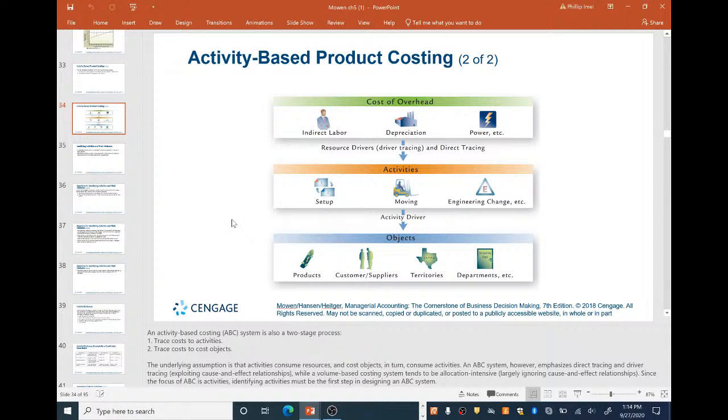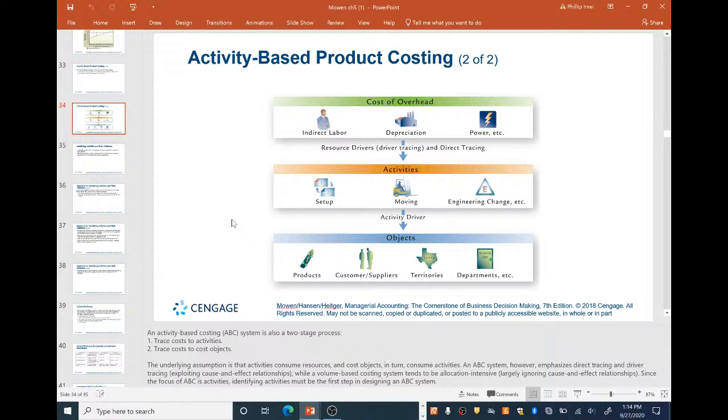And cost objects in turn consume activities, right? Cost objects being the customers or suppliers or territories, those consume activities. So in an activity-based costing system, the emphasis is direct tracing, and the driver is tracing, unlike the volume-based costing system.